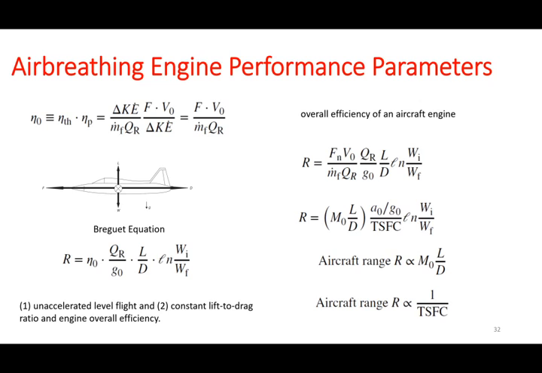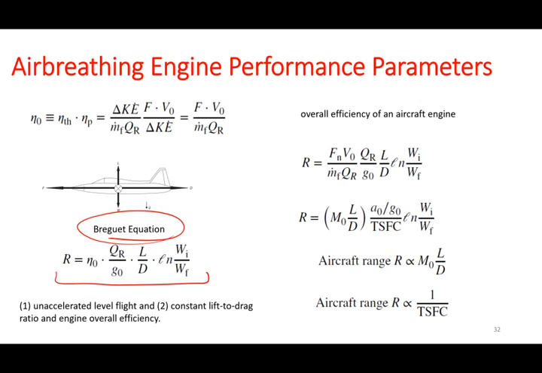Okay, so the range is related to your overall efficiency using this equation. Range is through the Breguet equation, right? Range is equal to eta naught, which is your overall efficiency, times QR, the total thermal energy input of the system, over g naught, gravitational acceleration, times the lift to drag ratio, multiplied by the natural log of Wi over Wf.